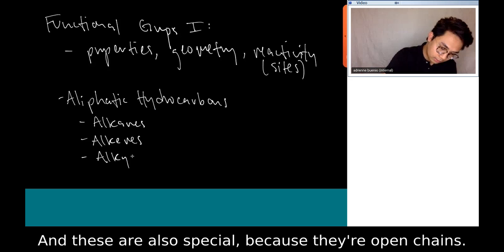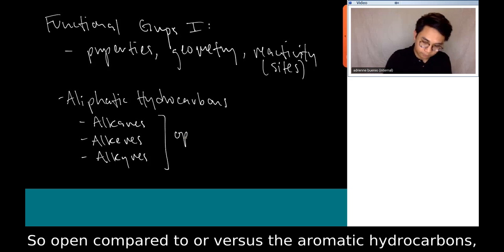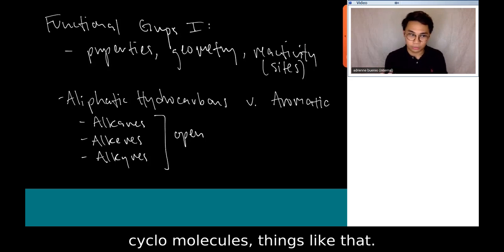And these are also special because they're open chains, so they're not cyclic or closed, compared to the aromatic hydrocarbons, which are closed, like benzene, cyclic molecules, things like that.